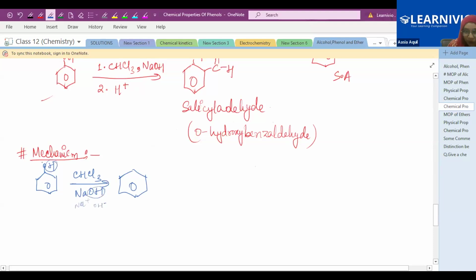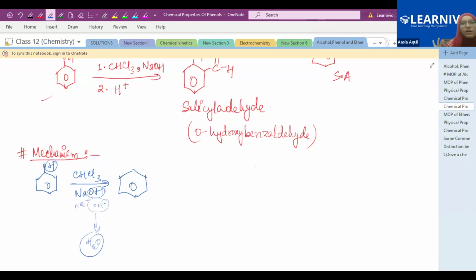This hydrogen from the phenol, which has a positive charge, and the OH minus will combine and water will be liberated. H2O will form. They will be removed as water, so dehydration happens here.